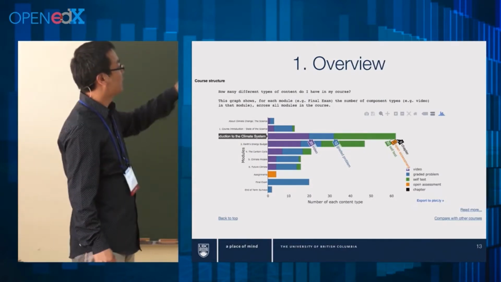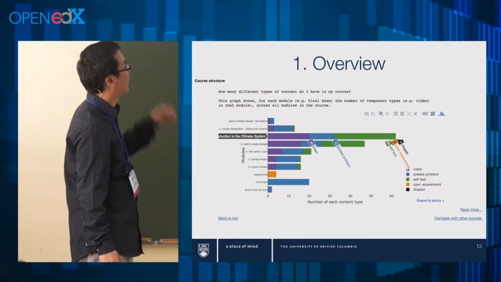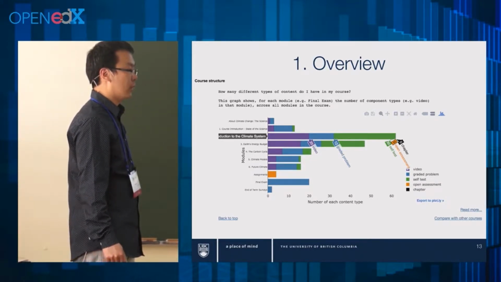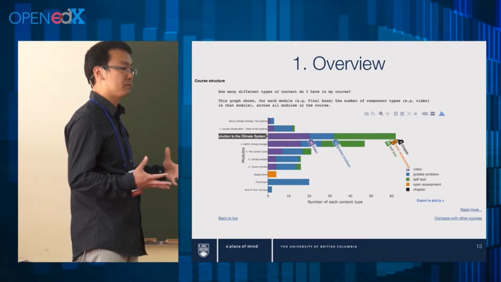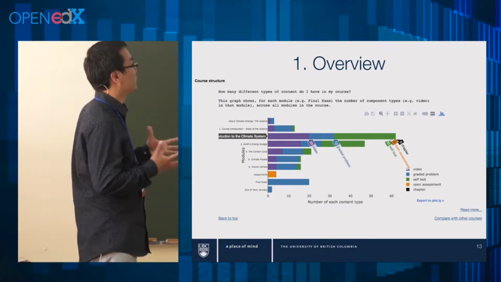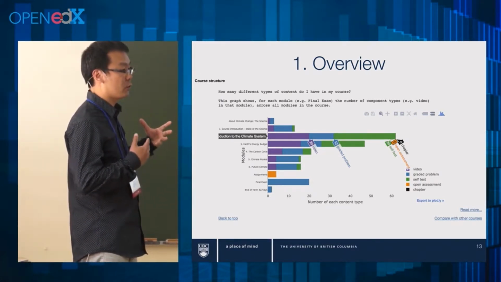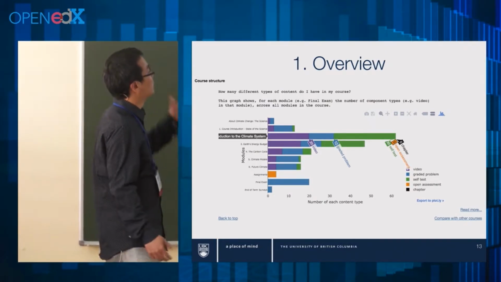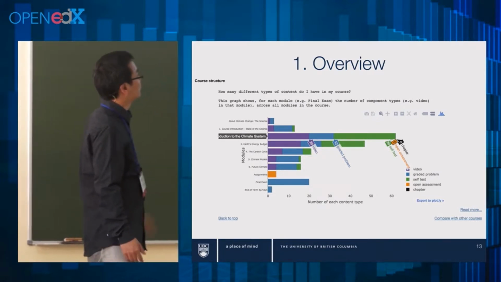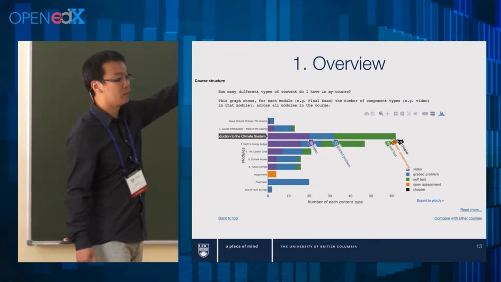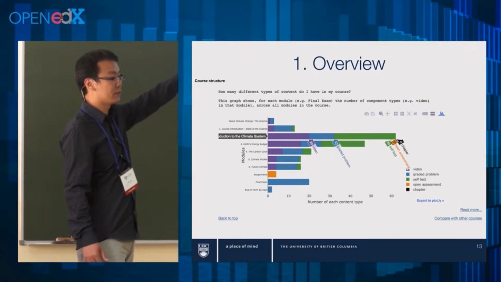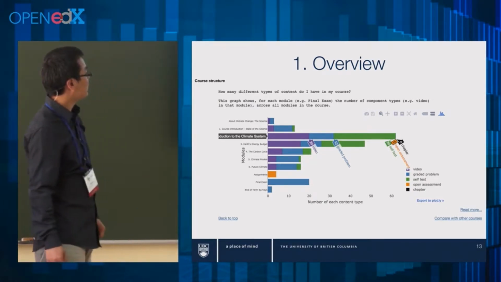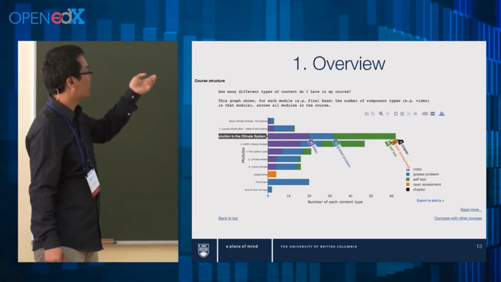This is a chart you saw in the previous slides. In VizIT, we try to identify a problem, and then we try to solve the problem by querying the data and generating charts. So in the charts, you will see what kind of problem it is trying to solve, and some details. This is a course structure chart.